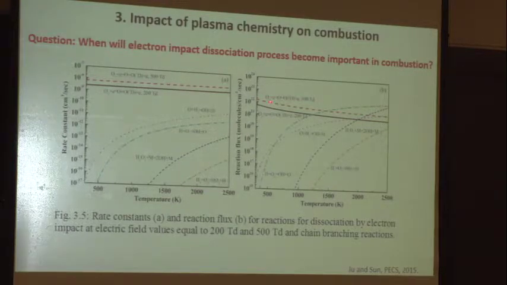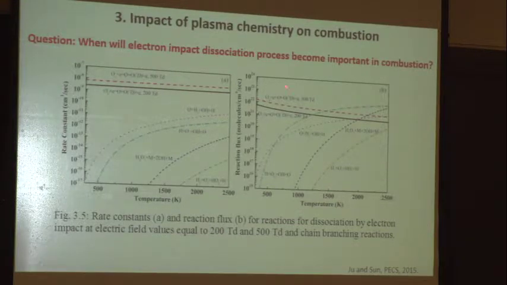So I plot this reaction. If you look at the reaction flux, that is the reaction rate generated by plasma, with an electrical field at 500 Townsend, 200 Townsend. Now you start to have a concept. What does it mean, 500 Townsend and 200 Townsend? It's a very strong plasma, right? Anything above 100 Townsend is a strong plasma.